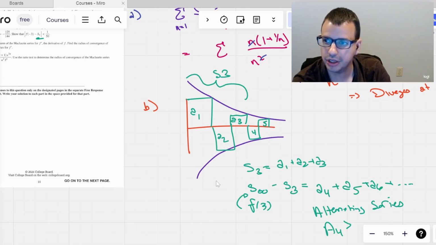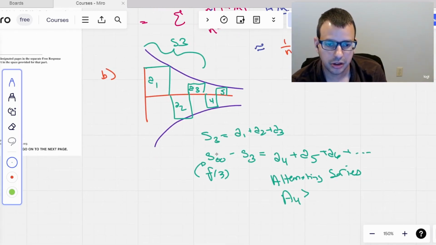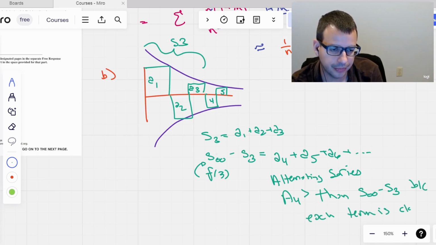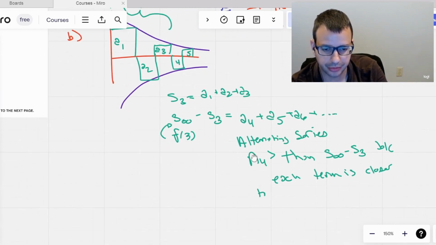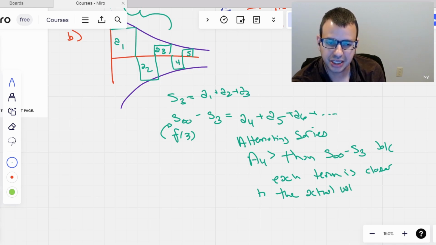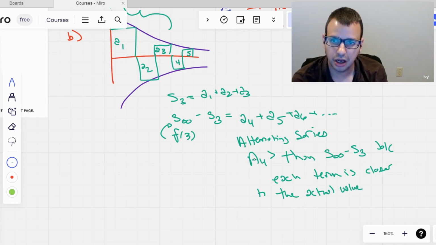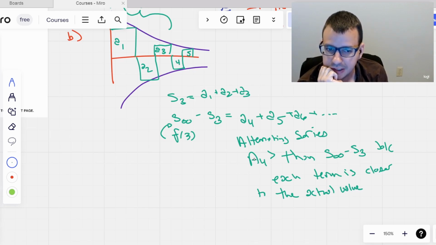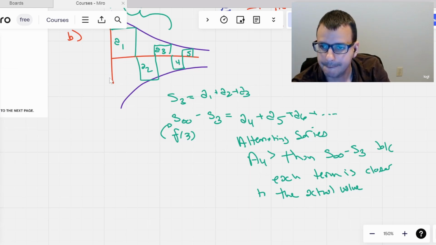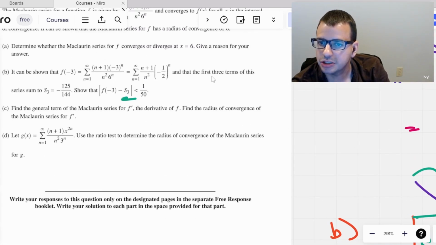So A4 is going to be bigger than, because each term is closer to the actual value of, because each term is, there's three terms.